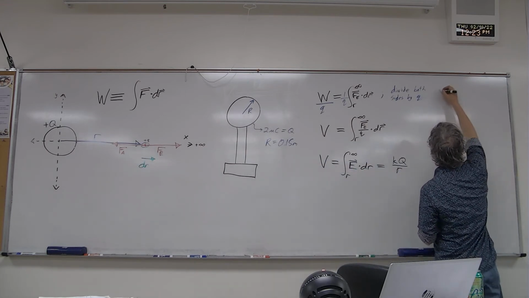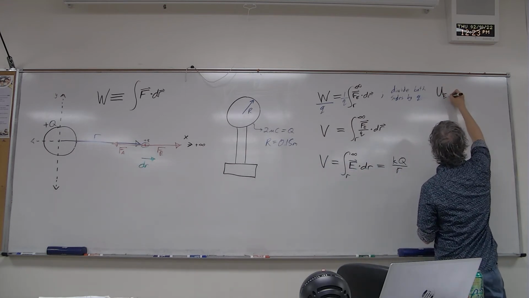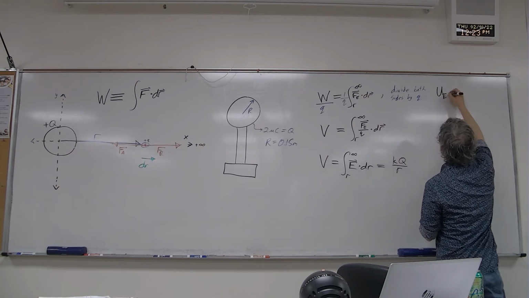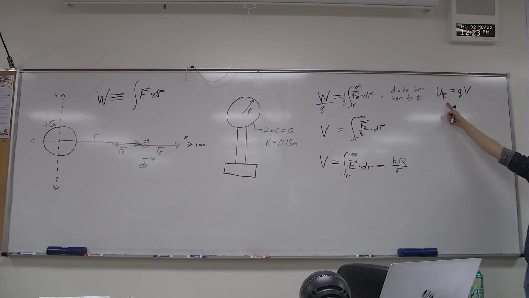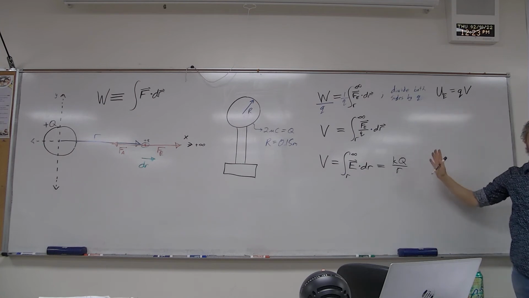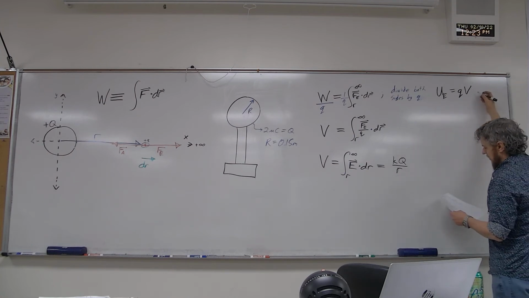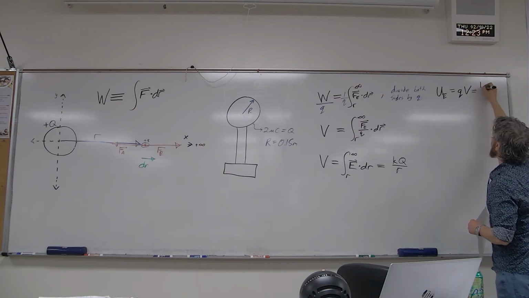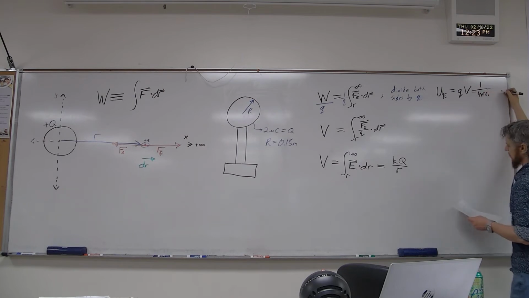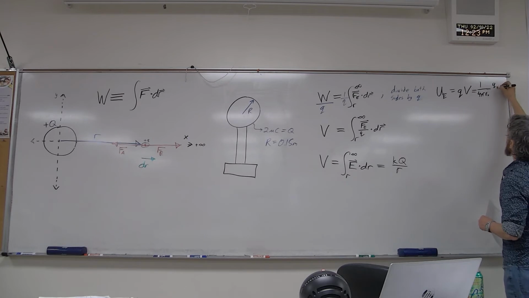The potential energy, UE, is equal to Q times the voltage. Scalars, nice, scalars. That is on the formula sheet, followed by 1 over 4 pi epsilon naught. Instead of Q, they have it written like that, times Q1, Q2 over r.